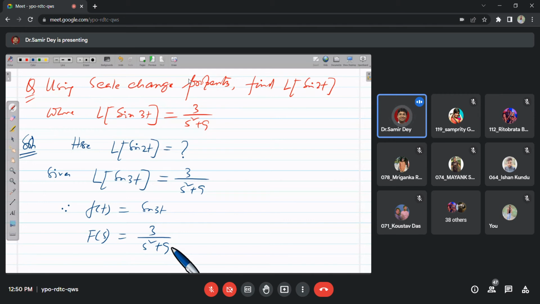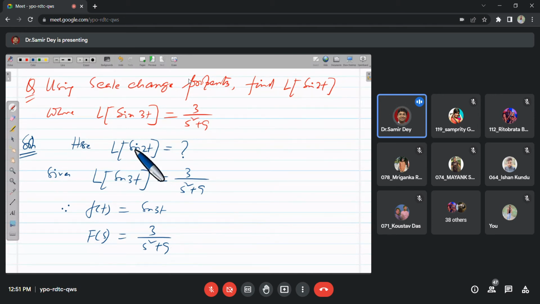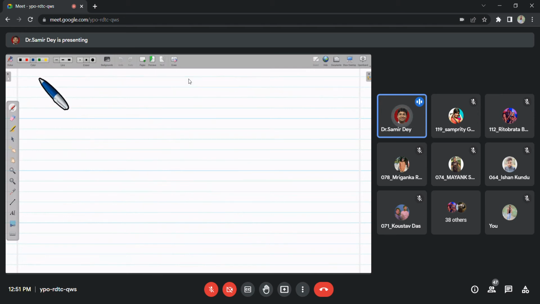Any doubt up to this line? Is it clear to all of you? Now we want to write sin 2t in terms of sin 3t. Using the scale change property, L of sin 2t.